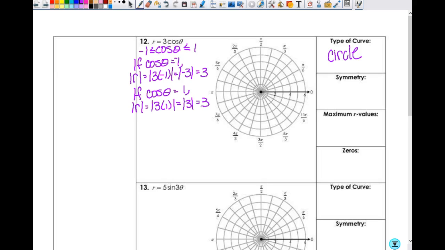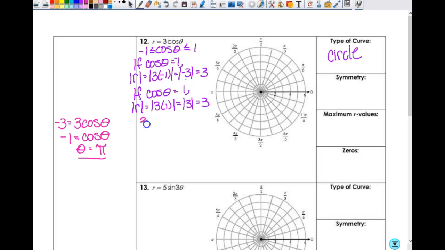When that happens, I have to do this twice, right? So I have to start by using the negative 3. So negative 3 is equal to 3 cosine theta, which means negative 1 equals cosine theta. And what does theta equal? Pi, okay? So that's part of it.